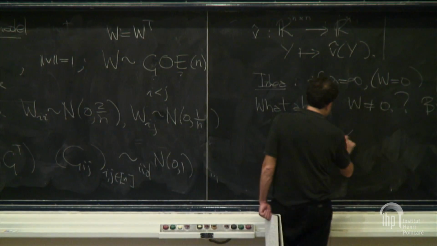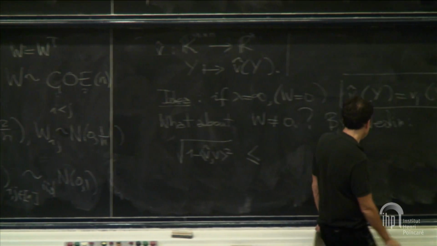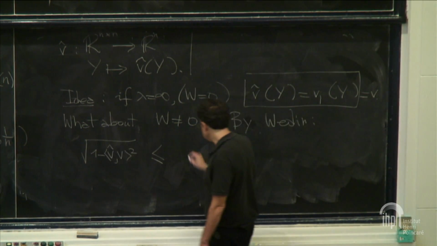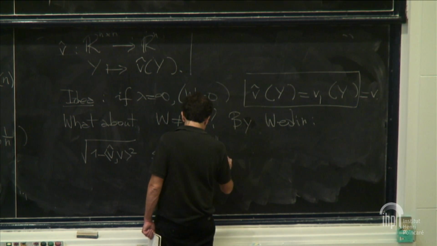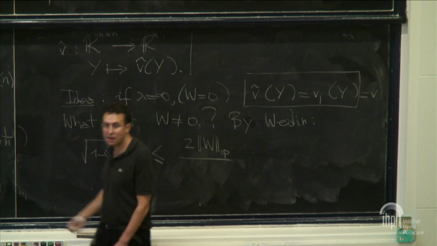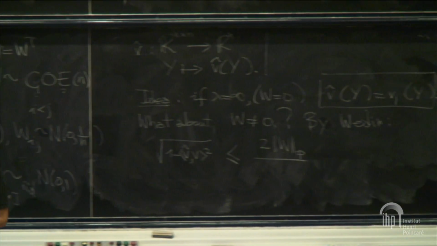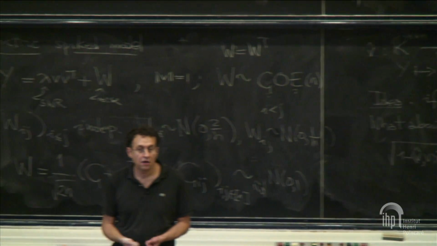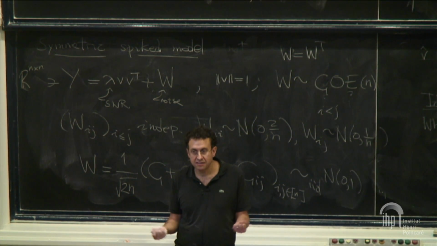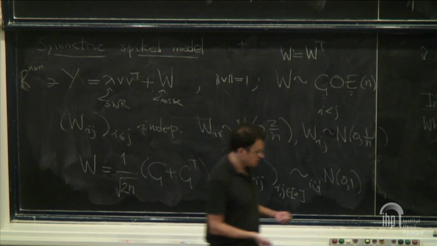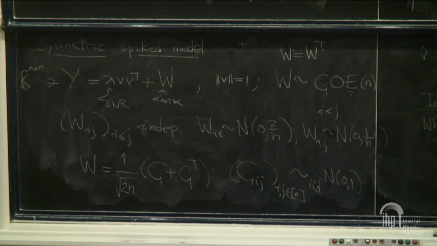And Wedin's theorem tells me the following: this is less than 2 times the operator norm of the perturbation divided by the gap between the first eigenvalue and the second eigenvalue of the unperturbed matrix. What is the first eigenvalue of the unperturbed matrix? Lambda. What is the second? 0. So you get lambda. And this is true as long as this makes sense, so if the operator norm of W is less than lambda over 2.